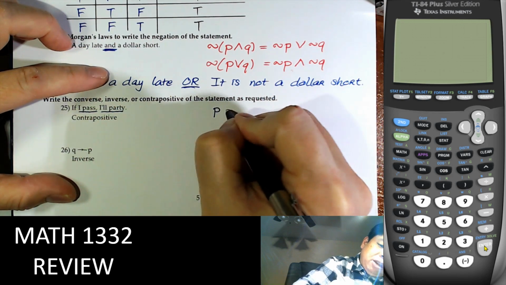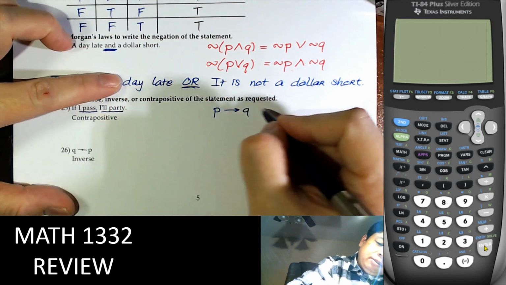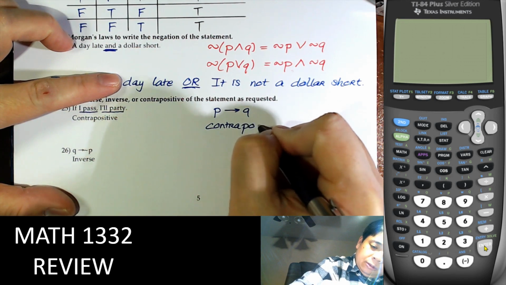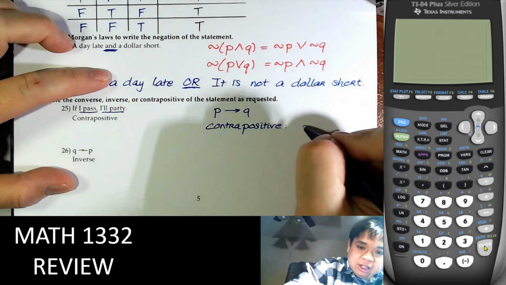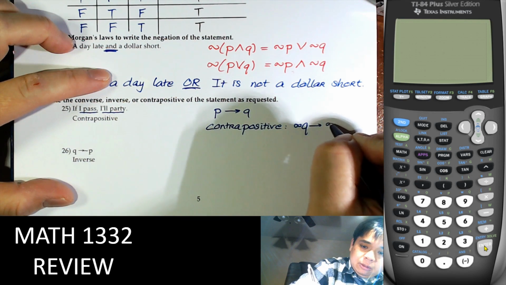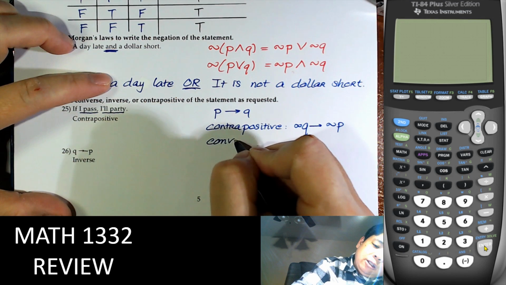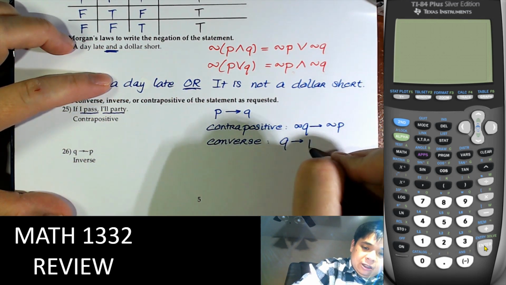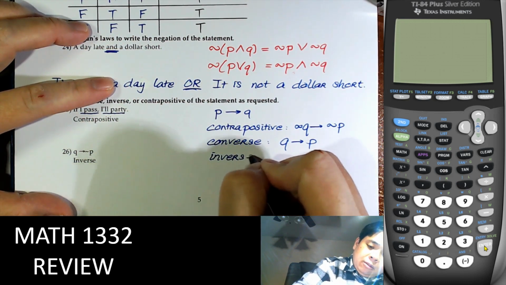So the statement is if P, then Q. The contrapositive is we're going to flip the statement and negate them both. The converse, it's just flip, and the inverse is just negate.